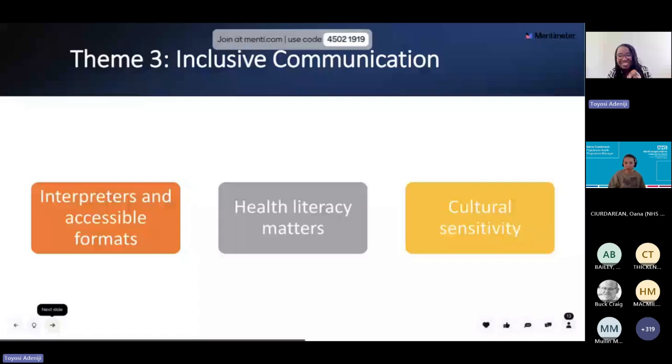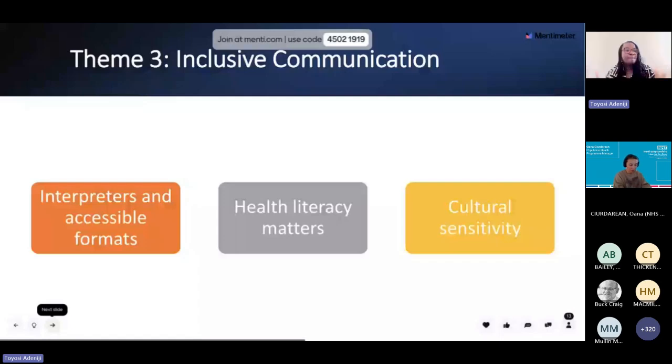Now, this is where I think our community connectors also come in. Because sometimes what we think we know about cultural sensitivity might not really be what there is to it, but actually sitting down with different communities to understand. Obviously, this is going to be a lot of work, but actually, I think it will go a long way when you understand their needs, how they want to be addressed.